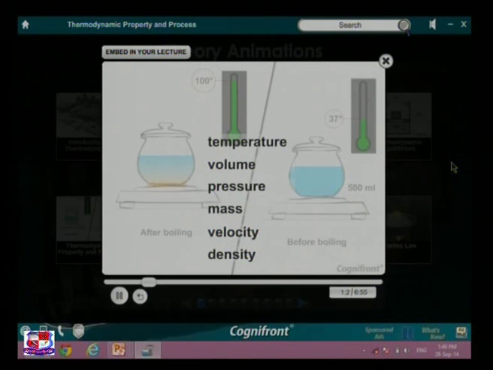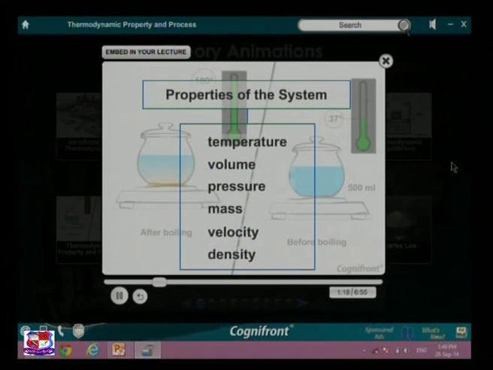Likewise, every system has certain characteristics by which its physical condition is described. For example, volume, temperature, pressure, mass, etc. Such characteristics are known as properties of the system.